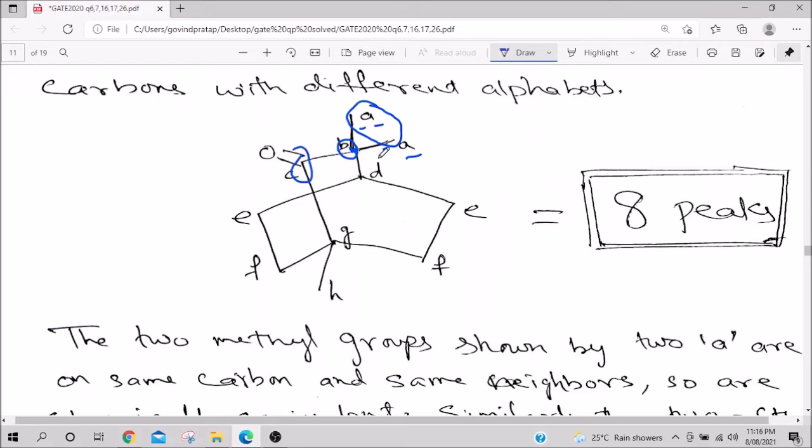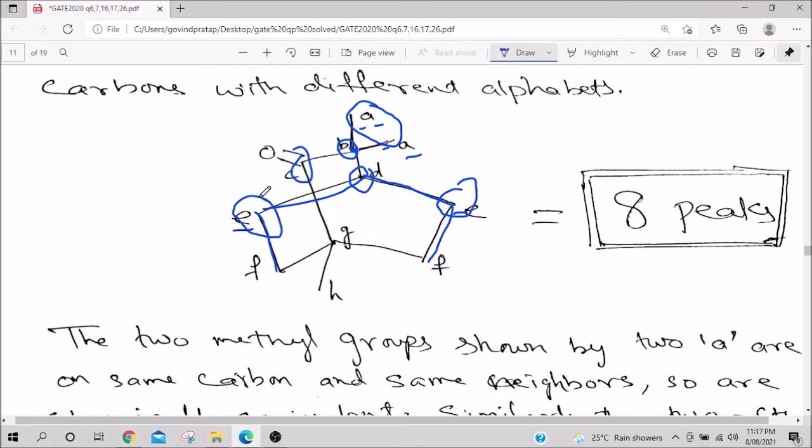So, 3 carbons are over. When I come to the fourth, D is again different. So, fourth peak. Now look at this, I have put E, and this also I have put E. Why? I move one bond here, I get D, I move one bond here, I get D, I move one bond here, I get F, I move one bond here, I get F. These two are exactly the same.